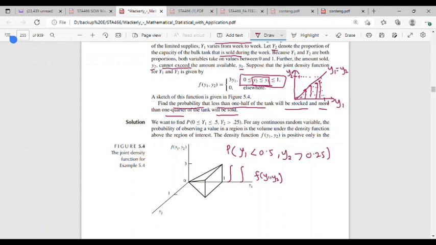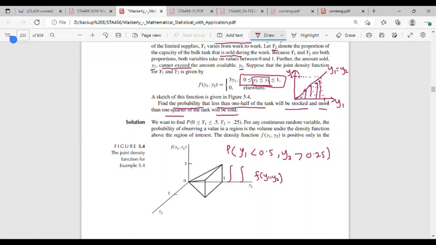But y2 dia restrict, dia boleh melebihi 1, tapi restriction dengan dia tidak boleh melebihi y1. Okay, y2 tak boleh melebihi y1, sebab tu dia restriction dekat sini. Okay, y1 equal to y2.